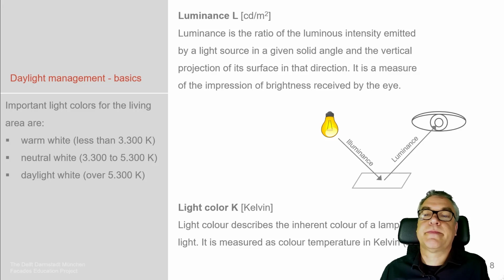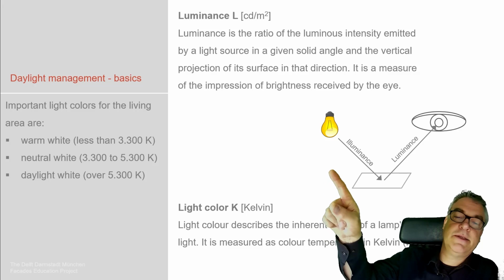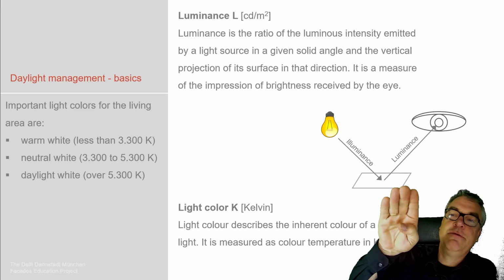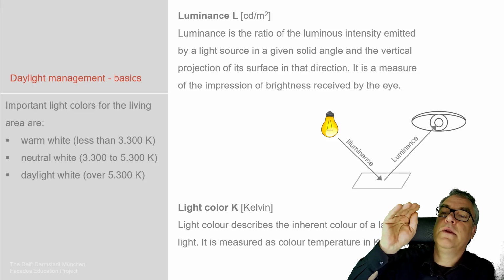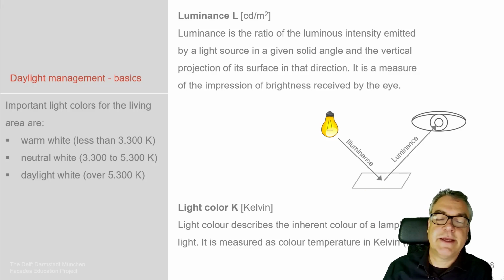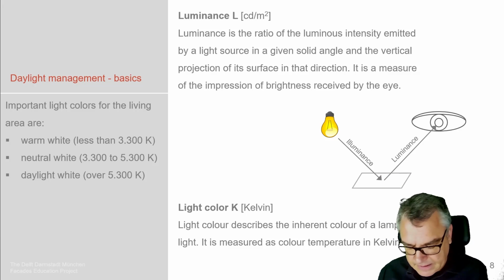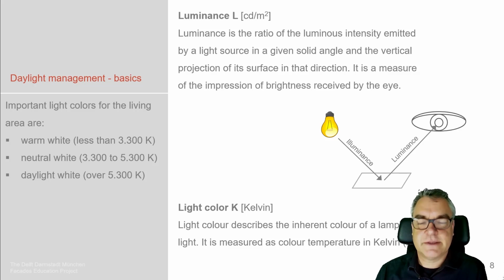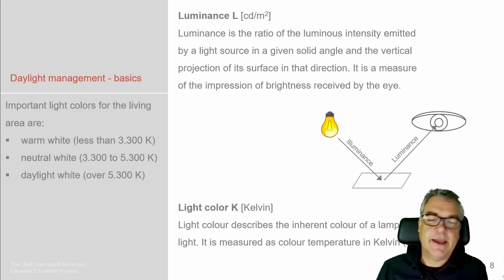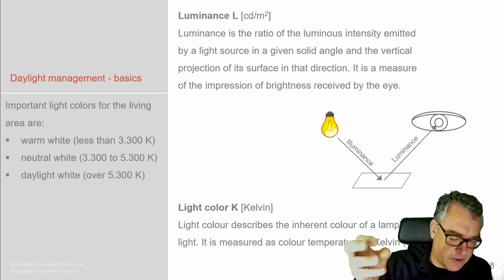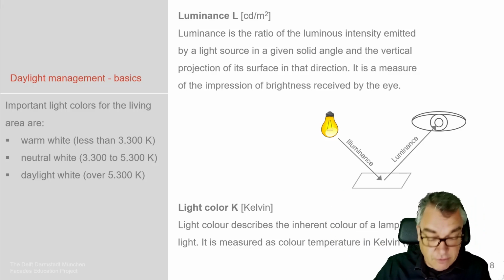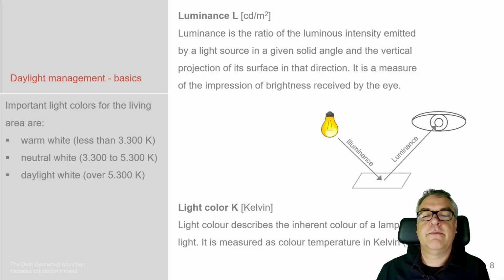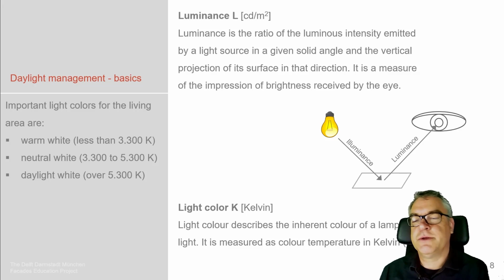Luminous intensity, reflected by a surface, creates the luminance. The luminance is actually what we, as a result, get from our surface. So this white table gets light from a light source, for example a light bulb, then the reflection of the surface that really reaches us, what really reaches my eye, is called the luminance.